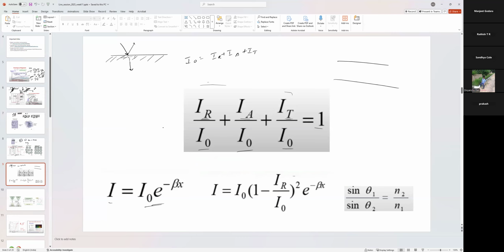If there are two boundaries, light enters and returns parallel this way. So we have refractive indices n1, n2, and n3. Light enters, some part is absorbed or reflected.